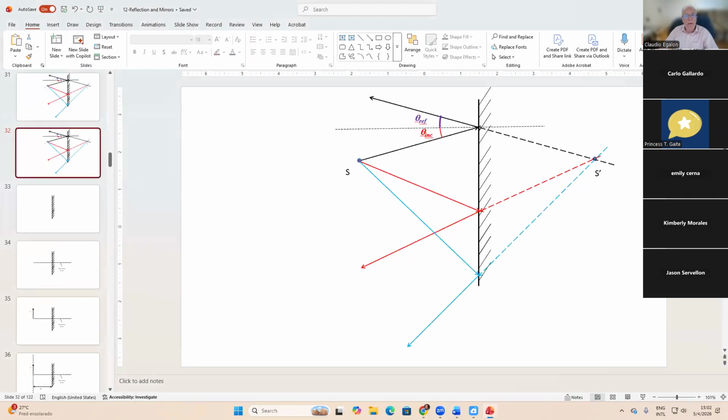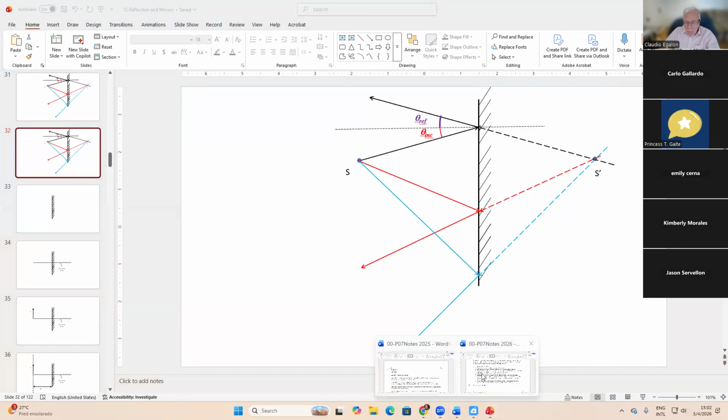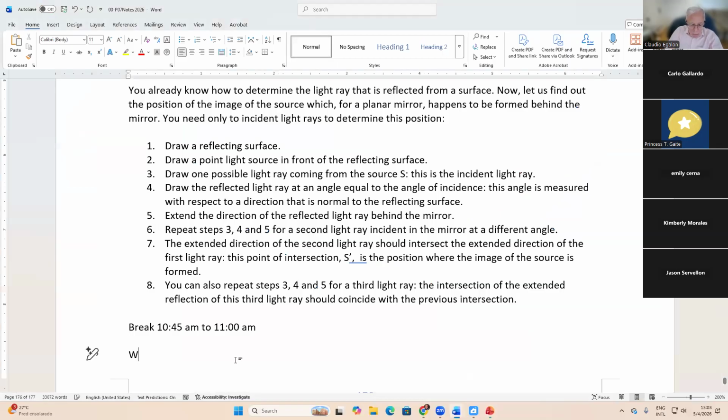Now, as of now, we showed how to determine the position of the image of a point source.